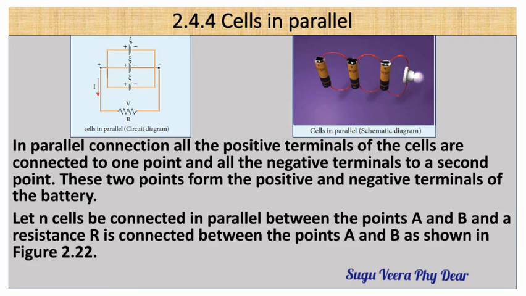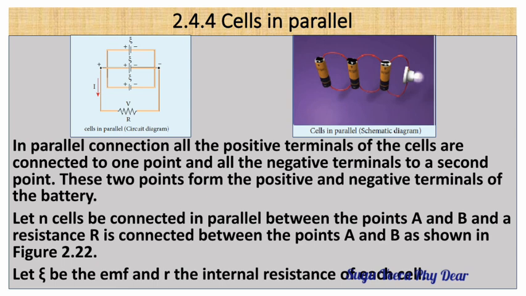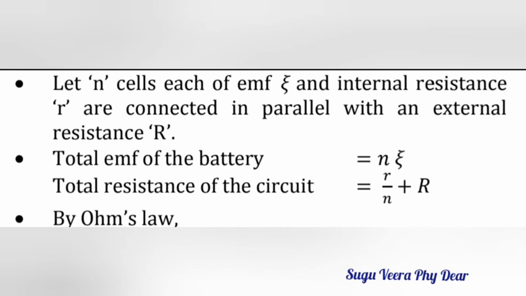Let n cells be connected in parallel between the points A and B, and a resistance R is connected between the points A and B as shown in the figure. Let ψ be the EMF and r the internal resistance of each cell. Total EMF of the battery is ψ. Total resistance of the circuit is r divided by n plus R.